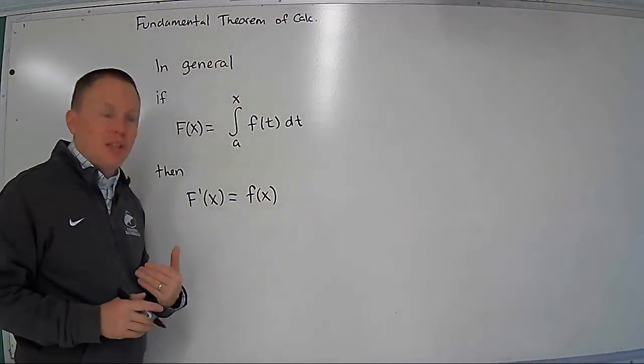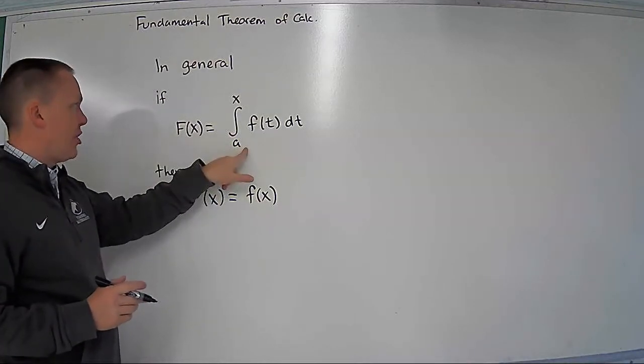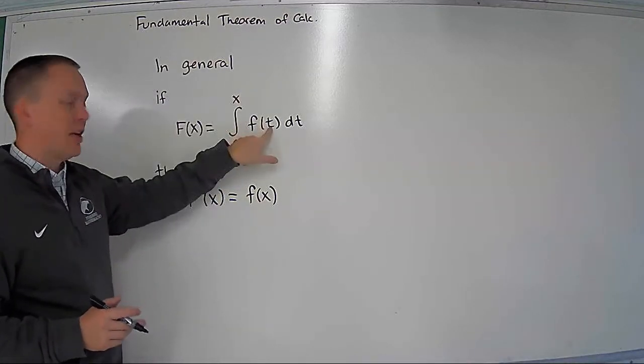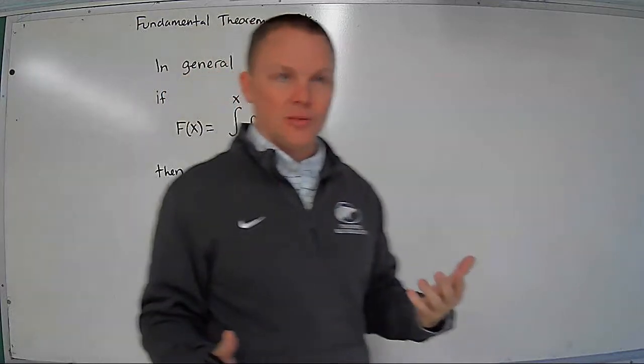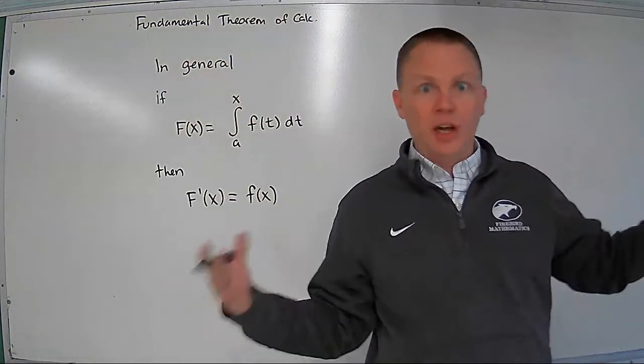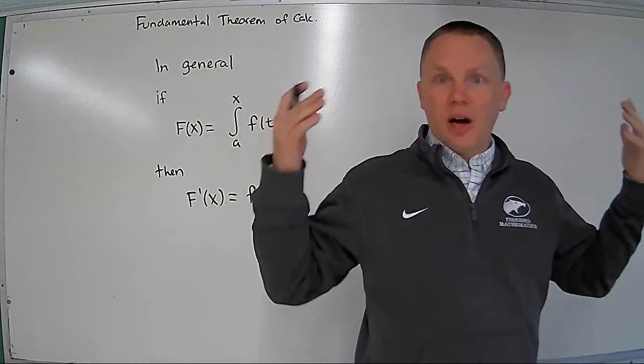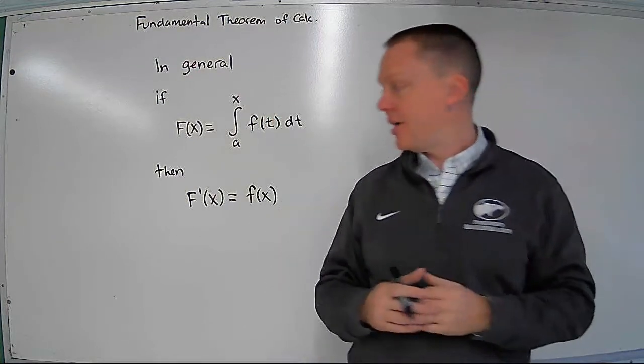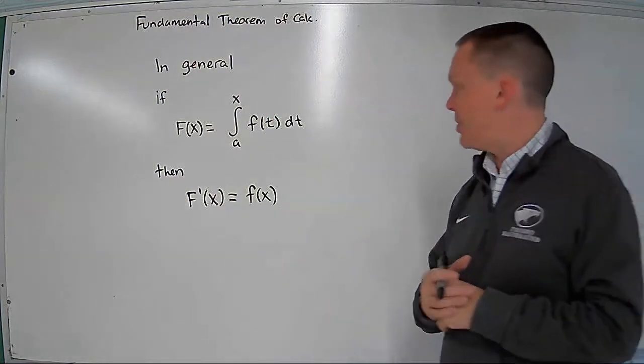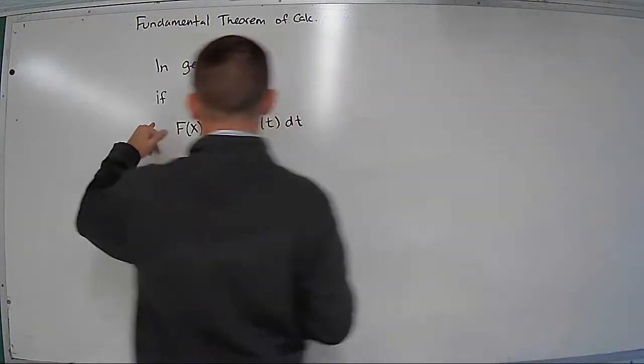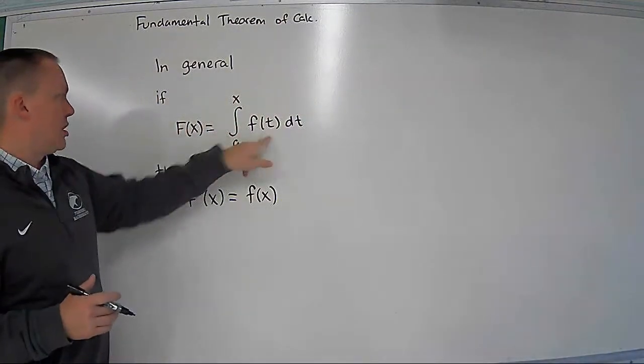Literally what happens here is, to take the derivative of a function like this, you just take what's up here and stick it in for x. Now, I don't want you just to think, oh, this is what I do to get an answer without understanding what's going on. But that is what happens. If you have a function like this, the derivative is just little f.